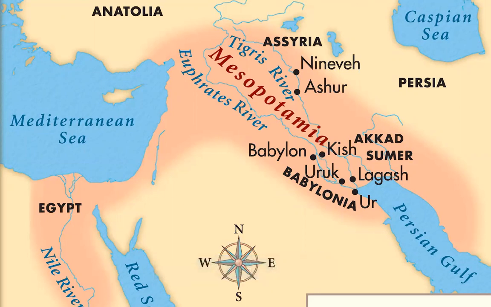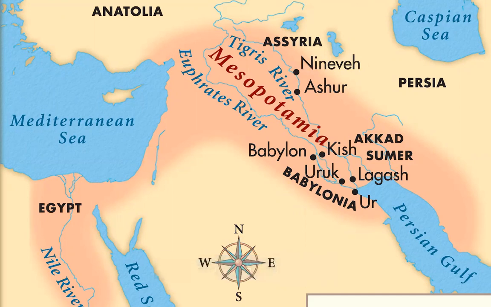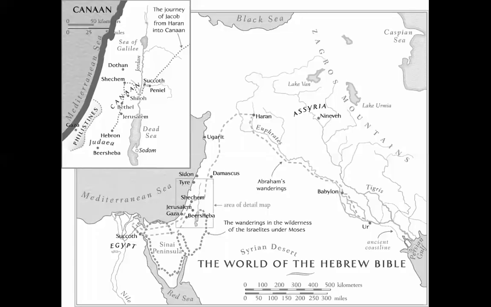This is present day Iraq. Down here is present day Kuwait. Nineveh is important because it not only is mentioned in the Bible in Genesis and the Old Testament itself, but it appears in Gilgamesh as well, and it's still an actual city.